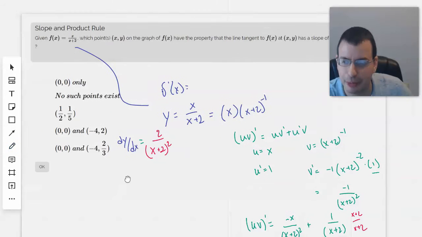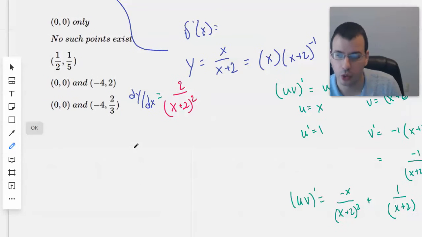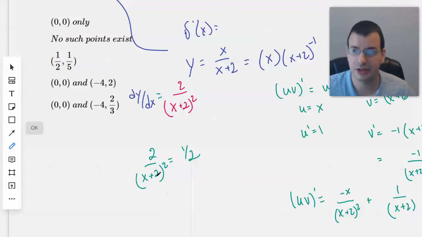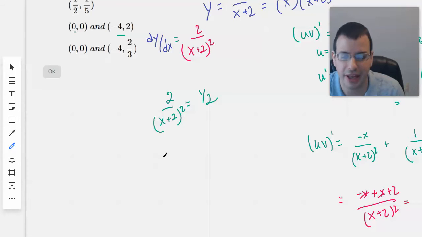So we're supposed to find points where we have 1/2. So we know that 2 over x plus 2 squared equals 1/2. So we might be able to just find this in terms of x, so we just worry about the left term here, and we make sure the y matches up later. Maybe. Let's go for that.